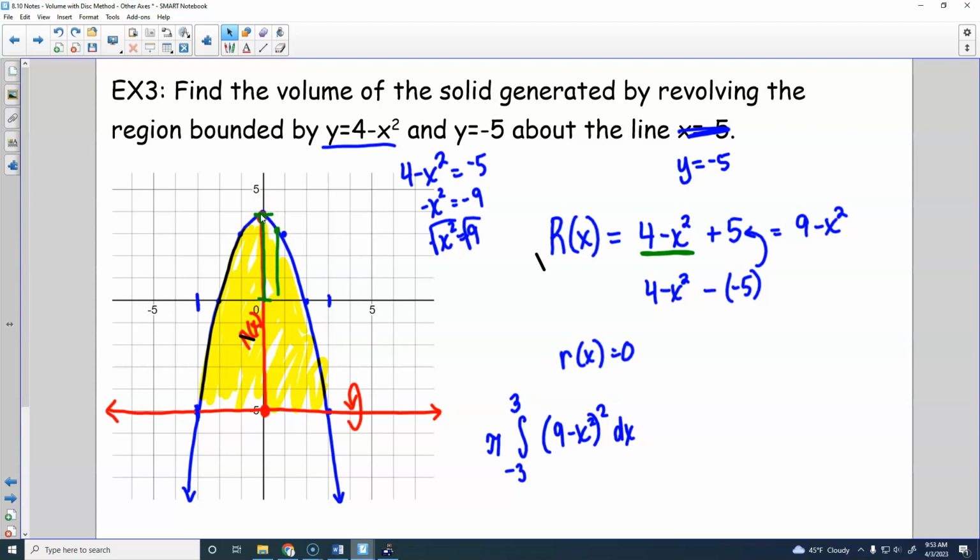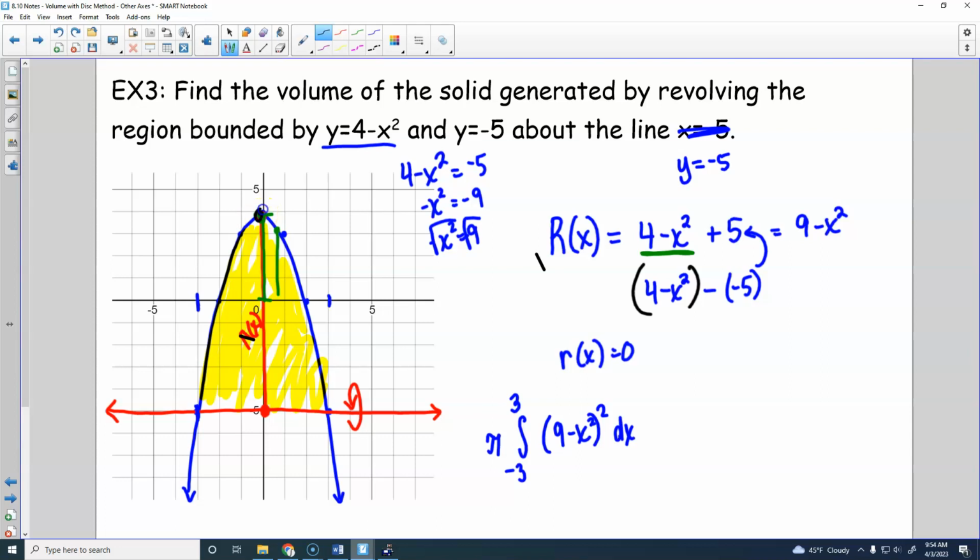For this one, you can still do top minus bottom. The top is 4 minus x squared, and the bottom you're subtracting is a -5, so it takes care of itself: minus a negative becomes a positive.